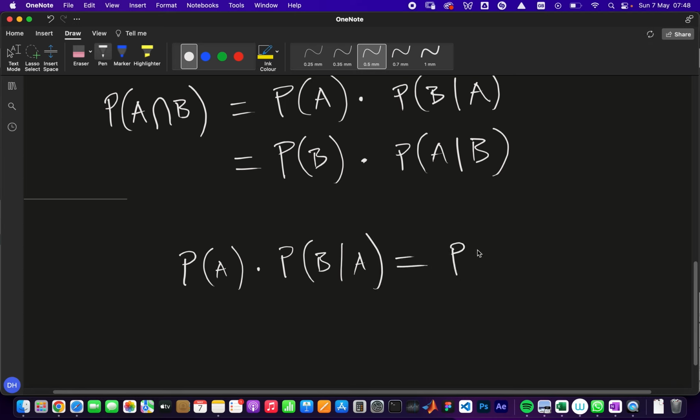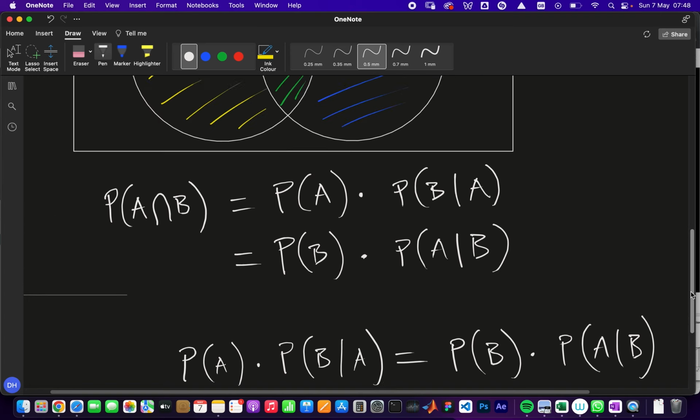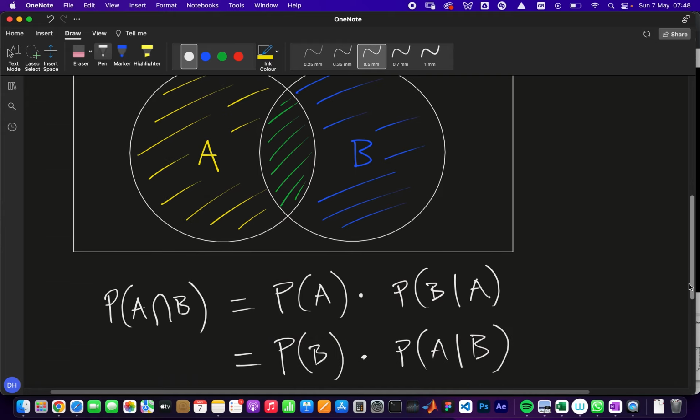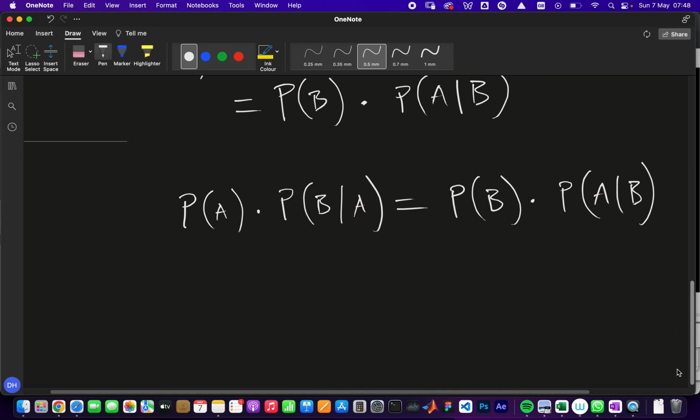It's the same as the probability of B times the probability of A given B, and these are both equal to this term up here, which is the notation for this green bit in the middle, the intersection. So that's the probability of A and B occurring.